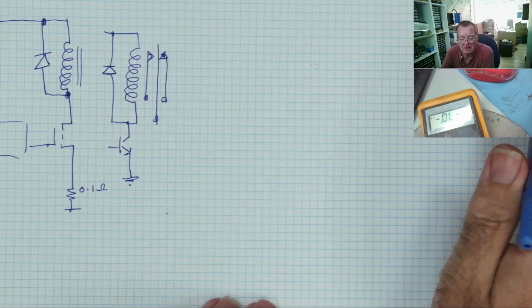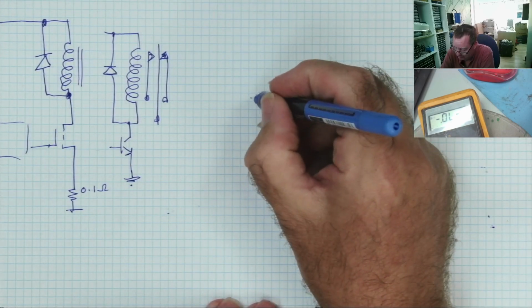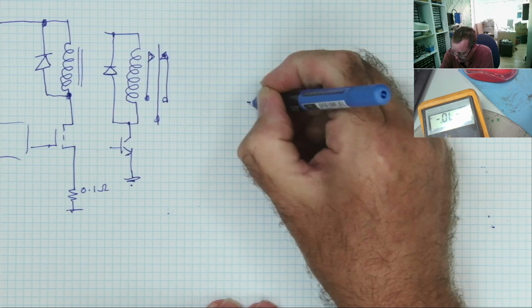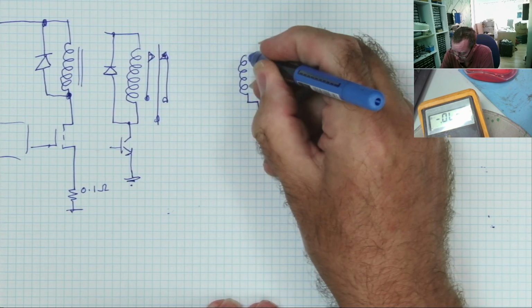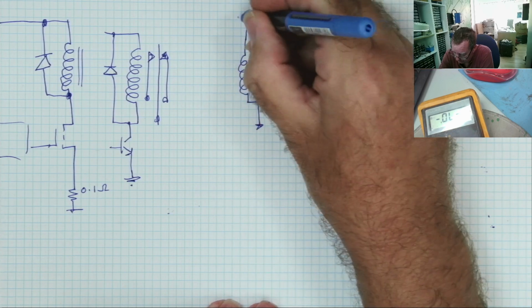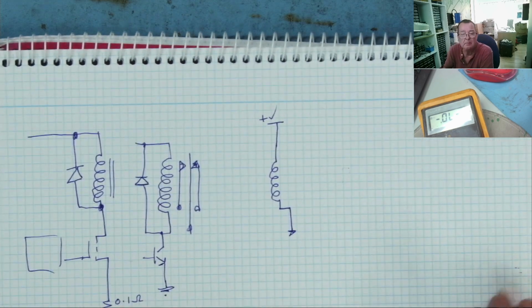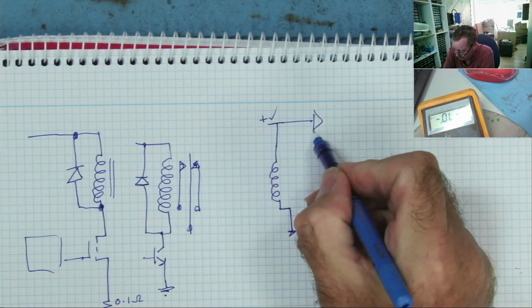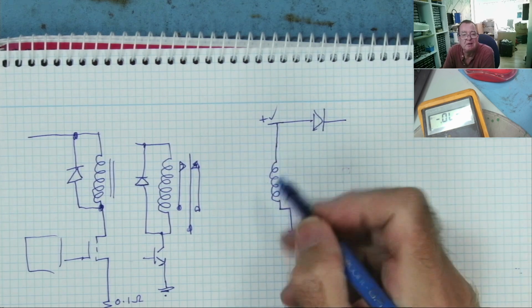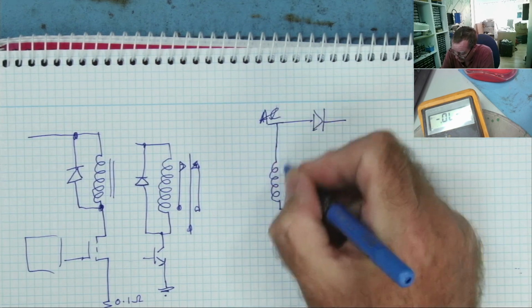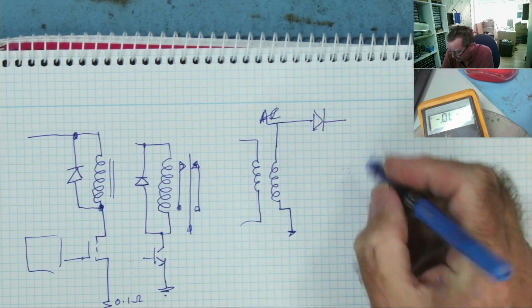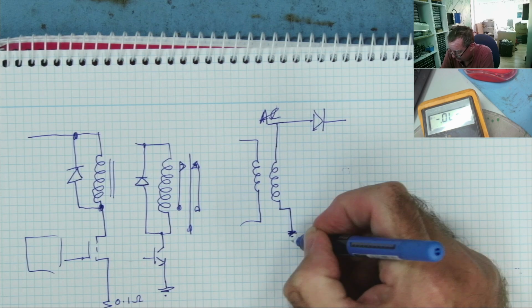Very similar to that one is this, and again it's a diode with a coil near to it. I don't know why I've written plus V there, because this is just AC. This is your secondary of your transformer. Okay, this end is connected to ground.